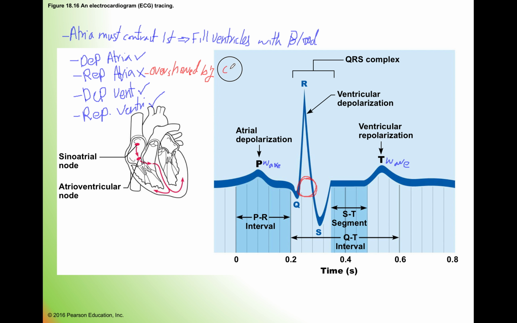Your QRS complex. So don't assume that just because it's not present on the ECG, your heart, or more specifically your atria, is not repolarizing. They are. It's just that the process is overshadowed by a much larger electrical impulse created as a result of ventricular depolarization.